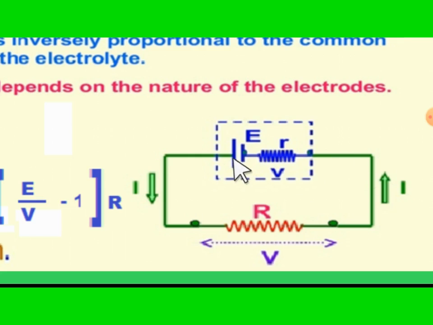But inside the cell itself, the ions are moving from the positive plate to the negative plate.